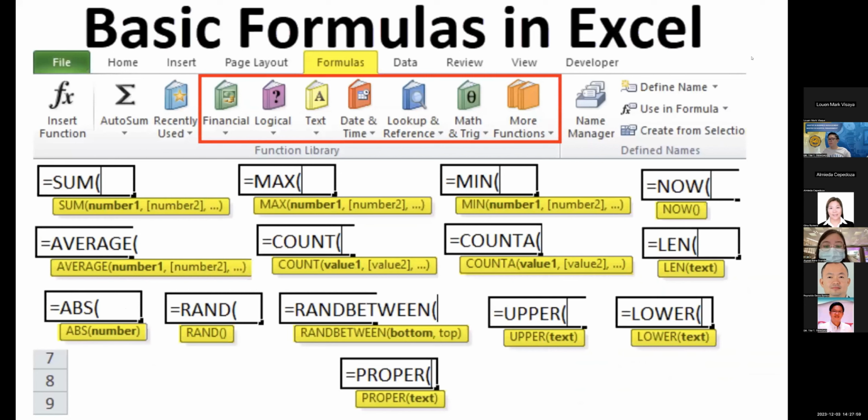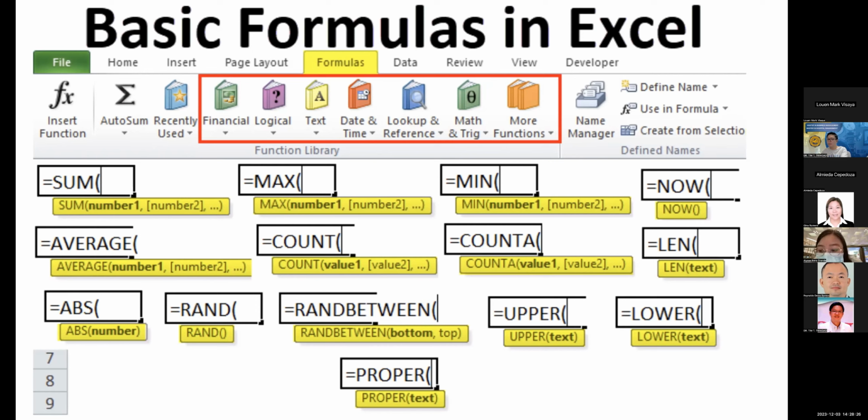So here are other basic formulas we use in Excel. Most commonly, equal sign, then sum, followed by the identity of the cells we wish to add; max, to get the maximum or the highest number in a range of values; minimum.